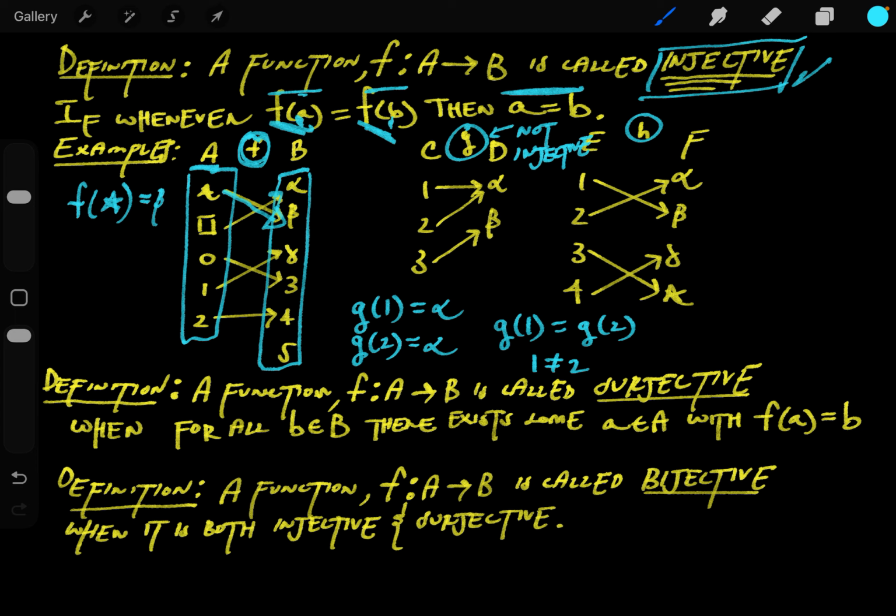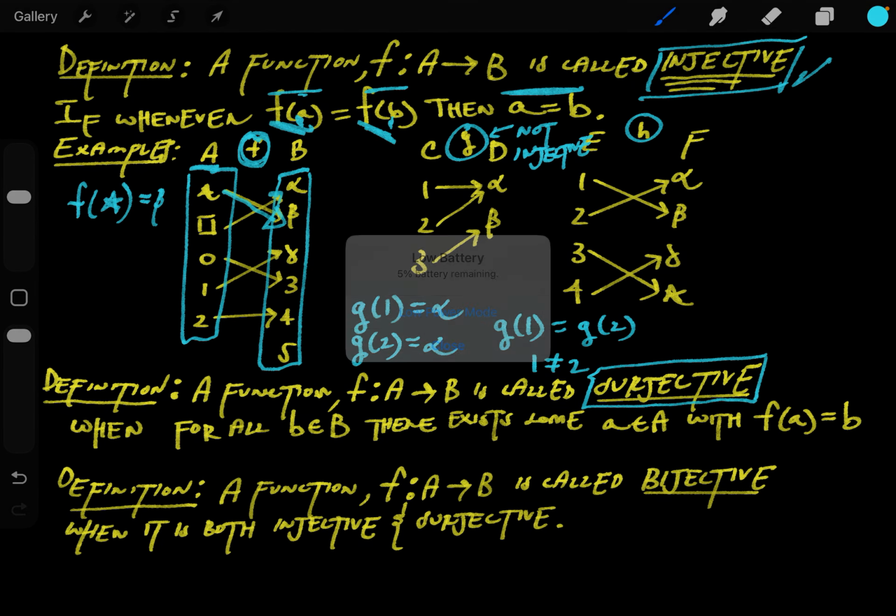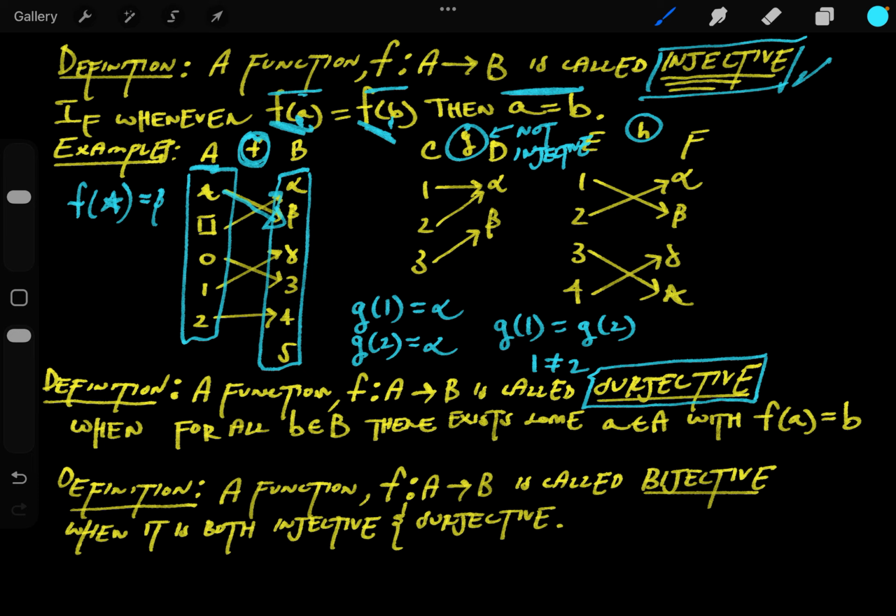Now we need to go over when a function is called surjective. Going back to our examples, f is not surjective. Why is f not surjective? Because we need to make sure that for all elements b inside the set B, there exists some little a contained in the set A with f of a equal to b.